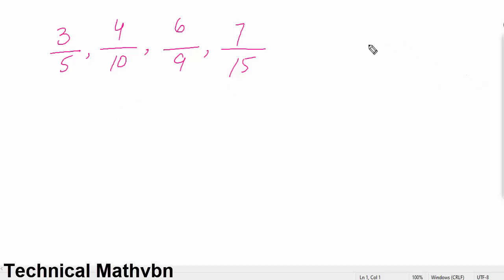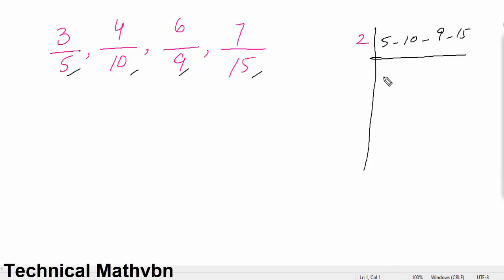So in this question we will take an LCM. All the denominators are different, and none of the denominators is a factor of another. So we will take 5, 10, 9 and 15 and find the LCM. First of all, divide by 2: 5 as it is, 2 fives are 10, 9 as it is, and 15.